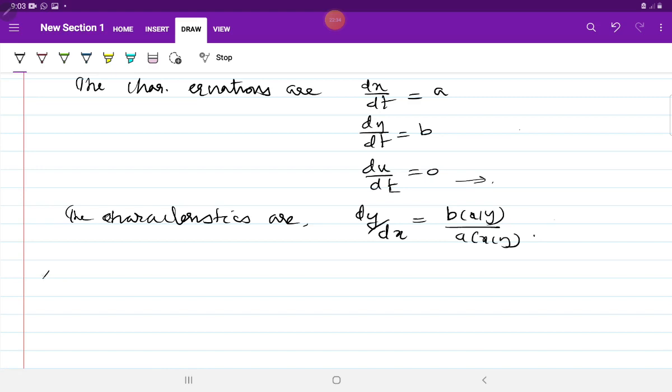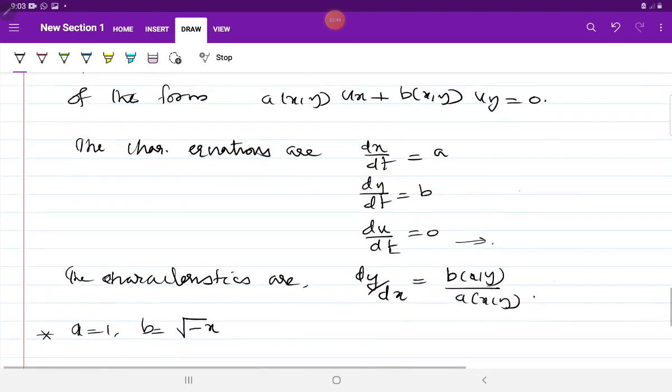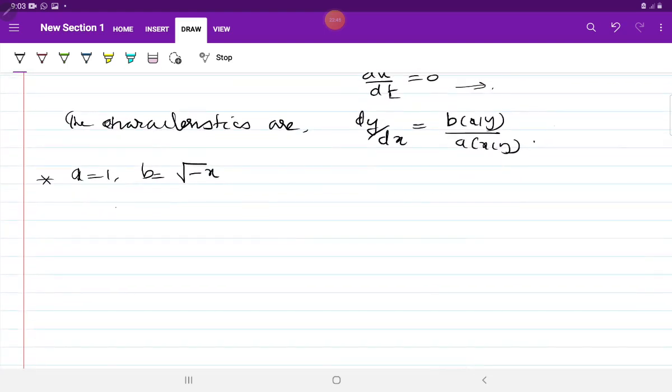Now for example, in this problem, if a equal to 1 and b equal to root of minus x, what will be the solution? The characteristics will be dy by dx equal to b by a, which is root of minus x by 1, so root of minus x.